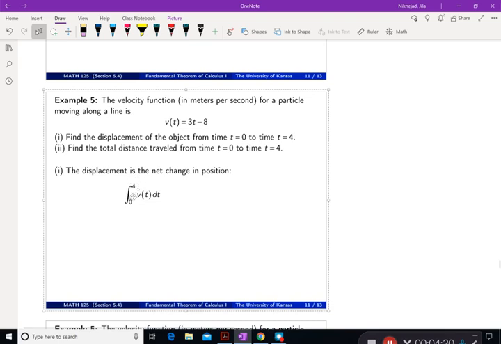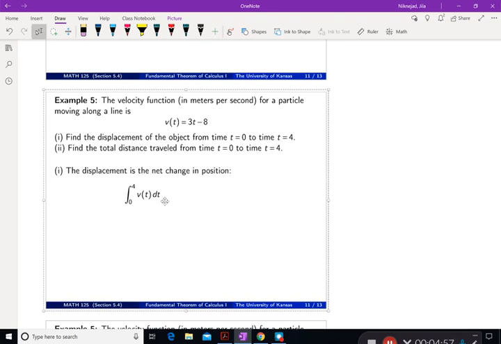So the integral from 0 to 4 of v of t dt is going to give me the total displacement. If you remember, in the previous section we did the antiderivative of v of t. The antiderivative had a constant. Then we evaluated at 2 endpoints, and the constant kind of simplified out.